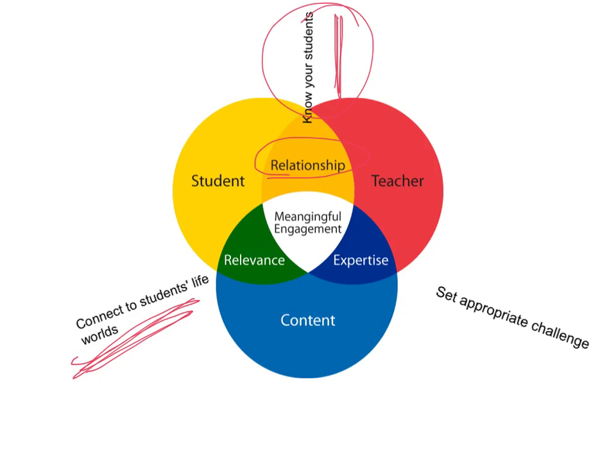And then the third element is the content. What are you setting? What challenge are you setting? And this is the fifth cog of the wheel of effective learning environments, that you're setting an appropriate challenge that builds on their expertise.